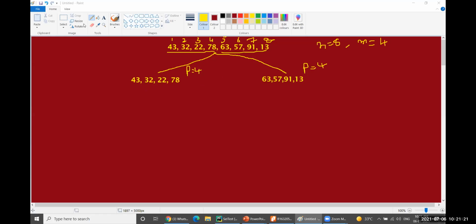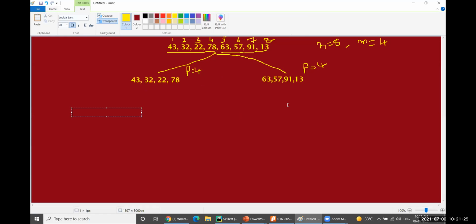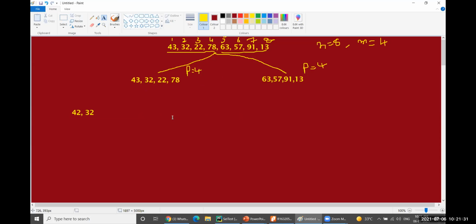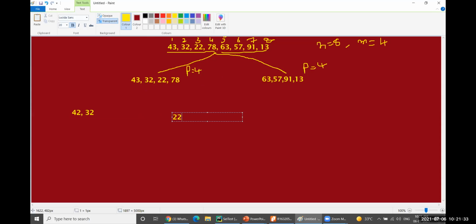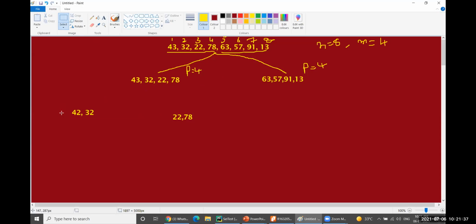If you take the divide operation for this particular sublist, 43, 32 is the first sublist and 22, 78 is the second sublist, as far as the left-hand side sublist is concerned. In this way you have two sublists, and you have to proceed like this.